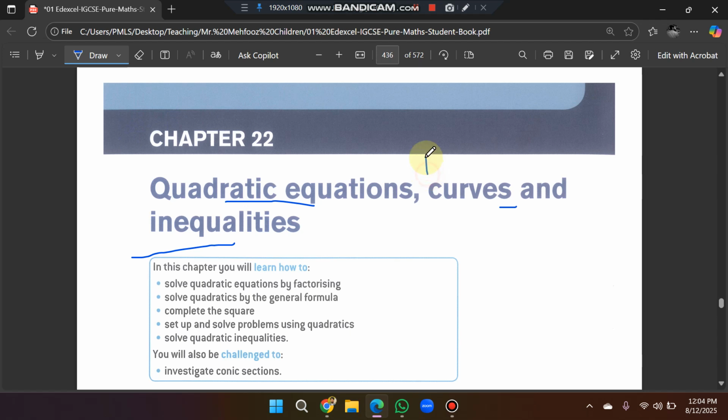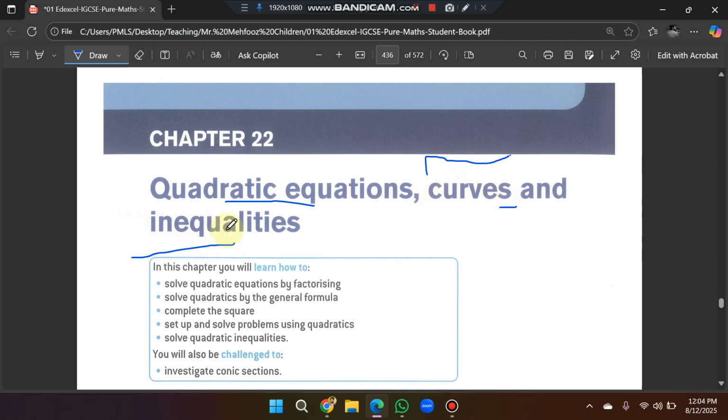And curve means that when we plot these equations, quadratic equations, cubic equations on a graph, then curves are obtained, right?